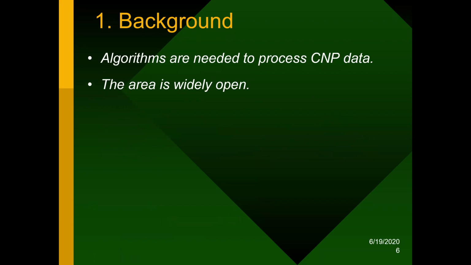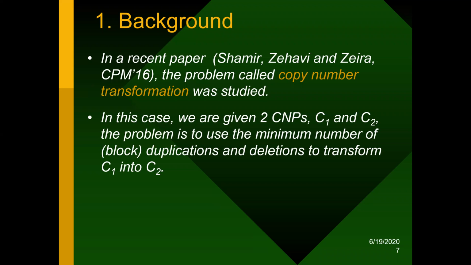Well, in general, we need algorithms to process this CNP data, and so far we don't really have a lot of good positive results. The motivation of our work was initially a CPM paper 4 years ago from Israel, called copy number transformation.